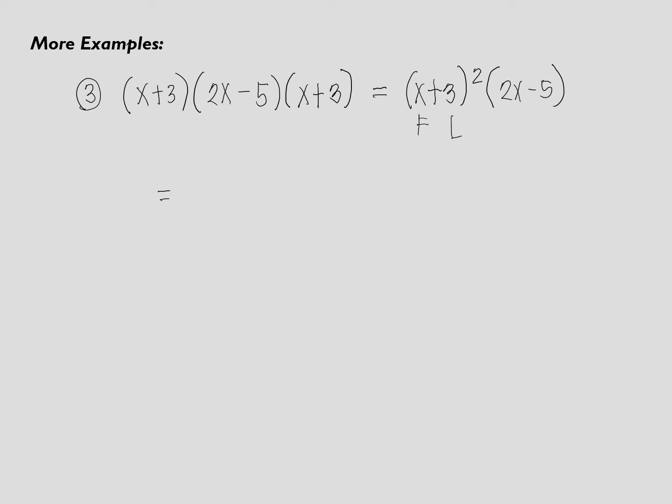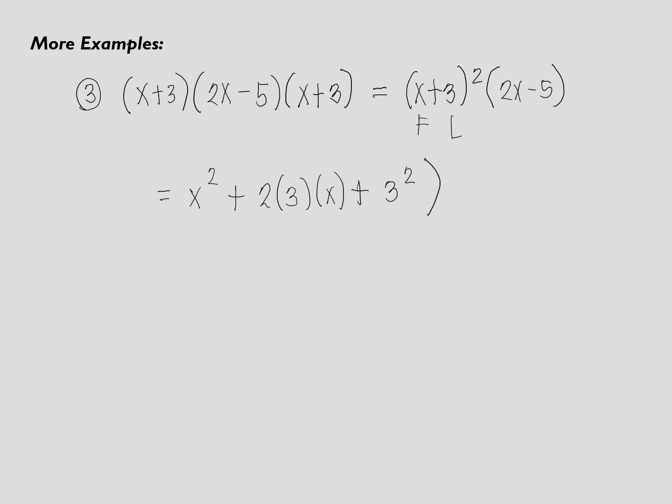All right. So again, the first term of the product is the square of the first term. So the first term is x, so we square it, x squared. Followed by twice the product of the last term and the first term. So 3 times x. And then plus the square of the last term. So 3 squared.